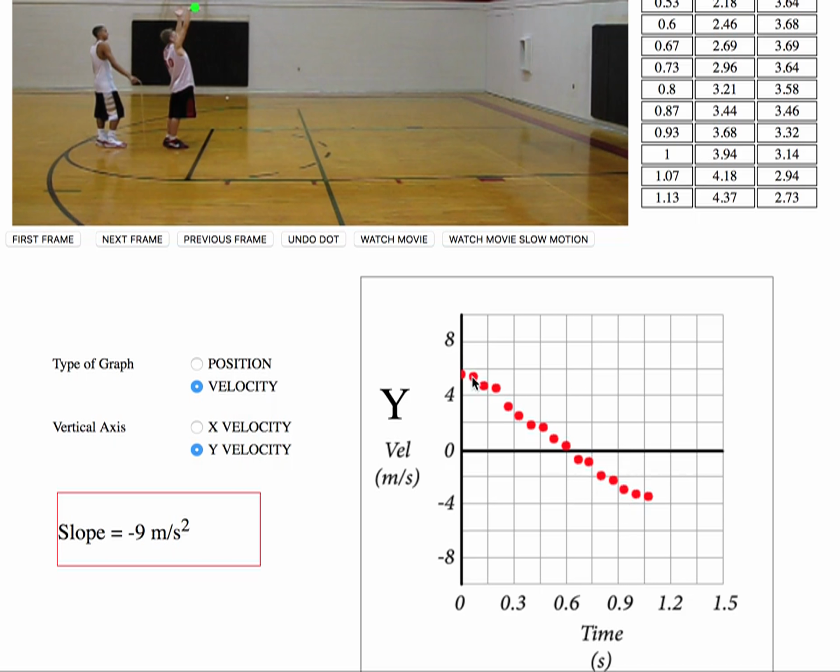This graph looks like it has a pretty consistent slope. In other words, it looks fairly straight. It's not curving. And the computer is actually calculating that slope for us. So notice this particular graph has a slope of -9 meters per second squared. Now that number should look kind of familiar to you.